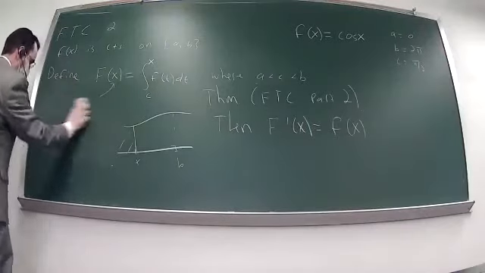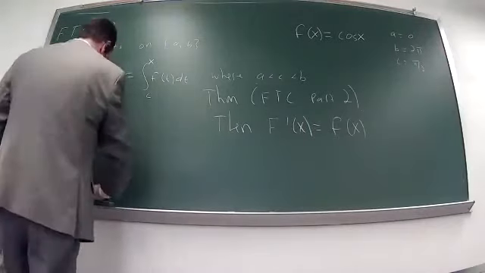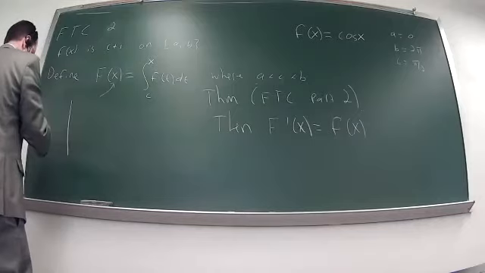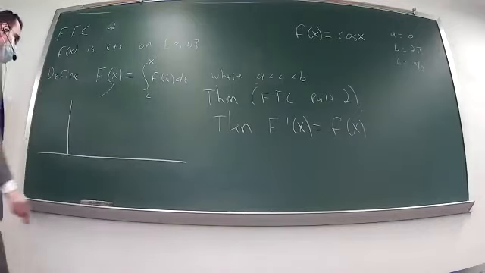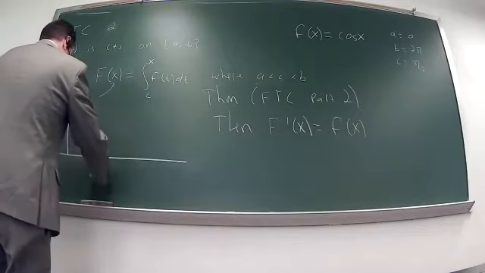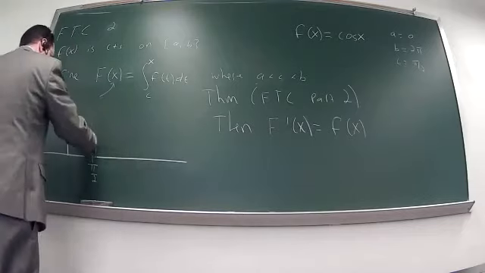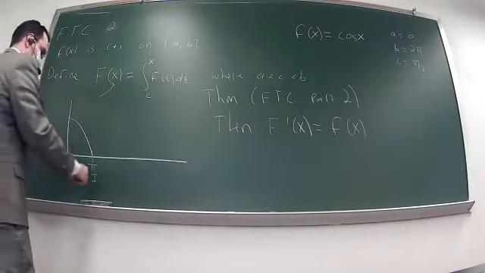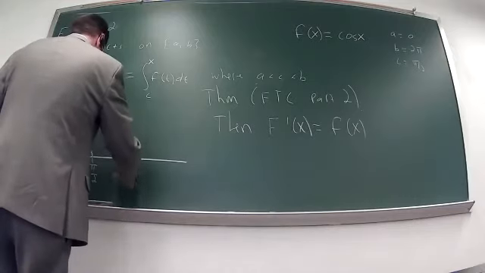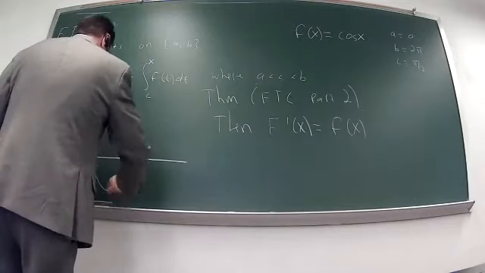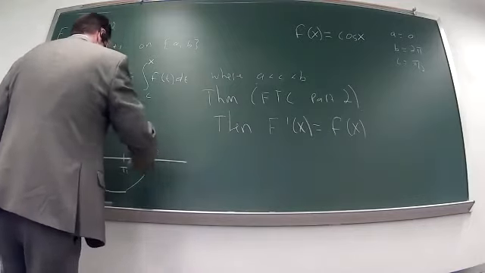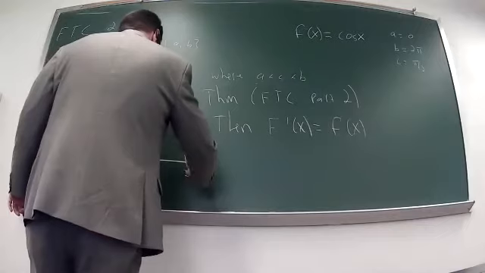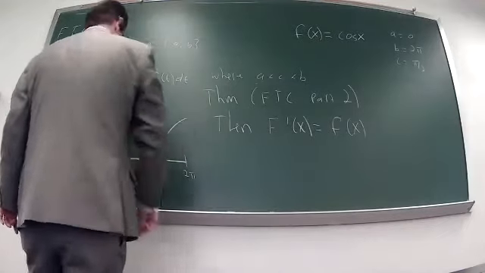I'll even modify the picture here so that it goes along with cosine. So it starts out at 1, it goes to 0 at pi over 2, goes to -1 at pi, goes back to 0 at 3 pi over 2, and then climbs back up to 1.